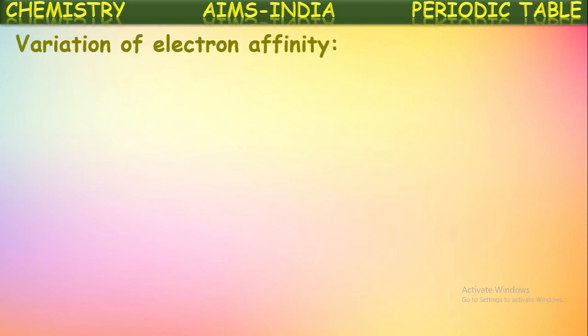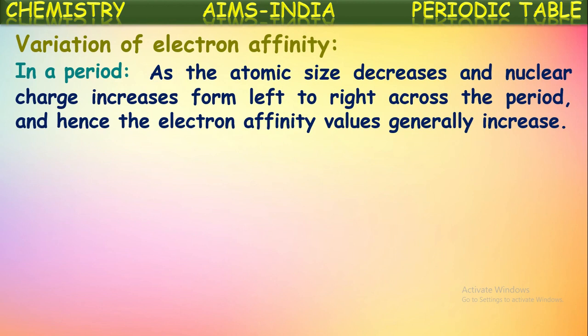Now, the variation of electron affinity in groups and periods. How does it vary? Let us see here. In a period, as atomic size decreases and nuclear charge increases from left to right, the electron affinity values generally increase, because electron affinity means the amount of energy released while gaining an electron.